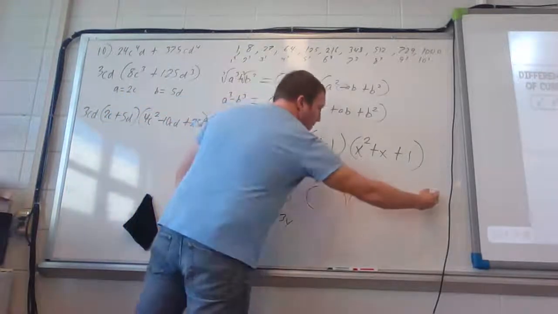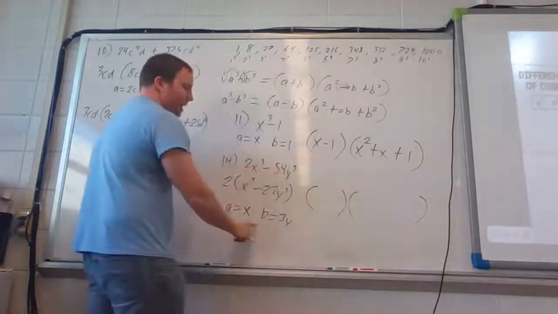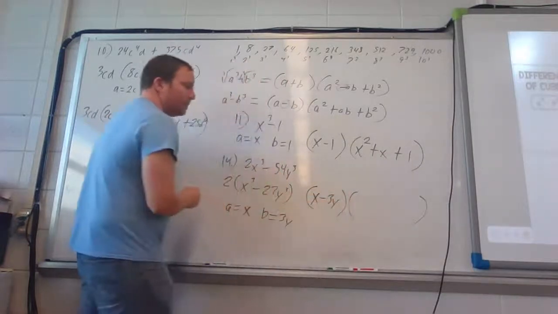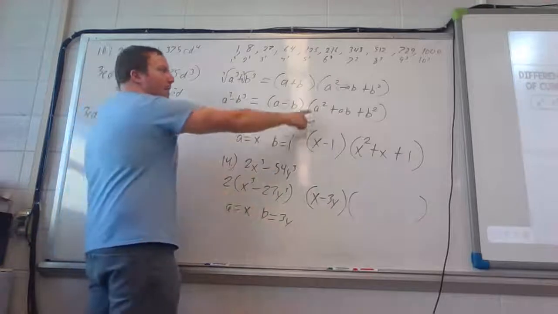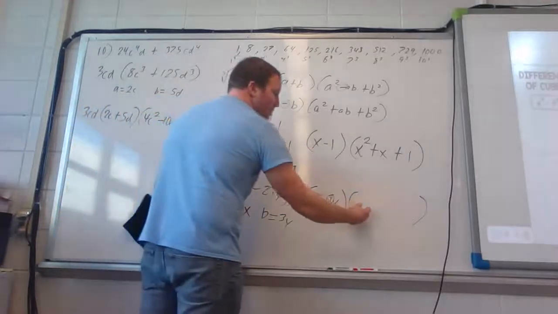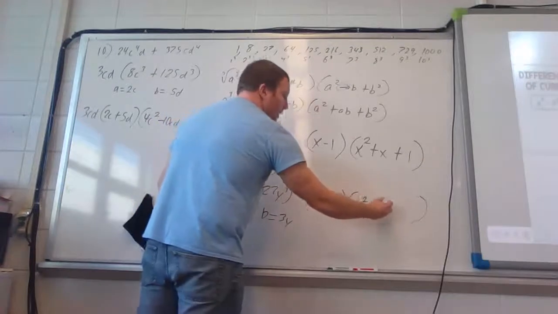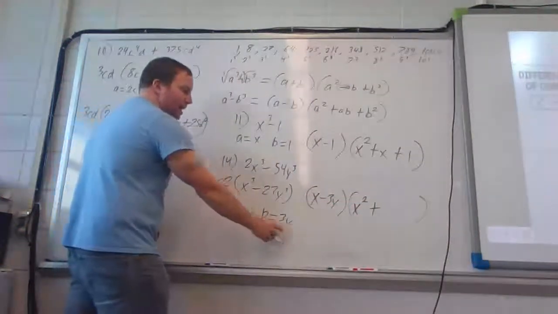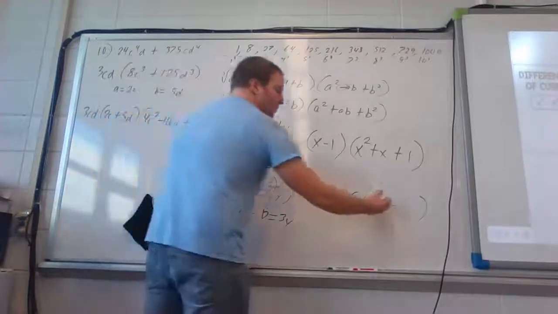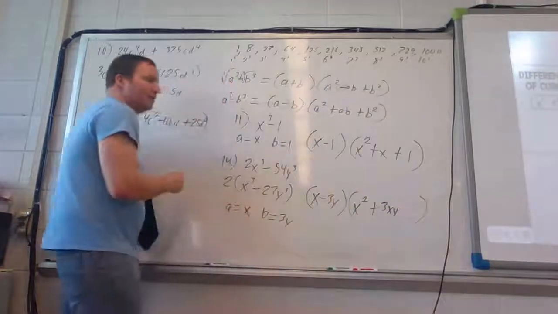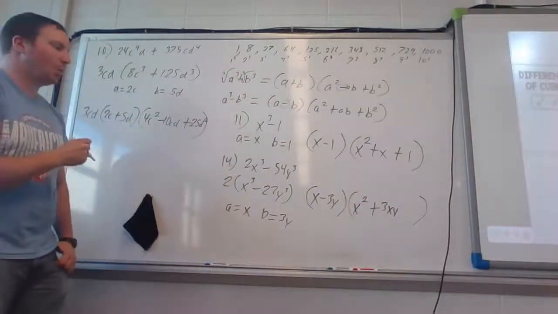So a minus b, so x minus 3y, times a squared, so squaring x, we get x squared, plus a times b, so x times 3y, 3yx or 3xy, either way.